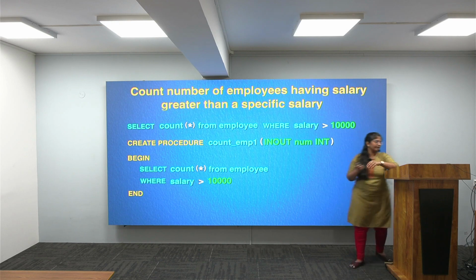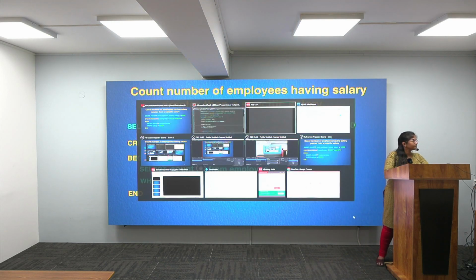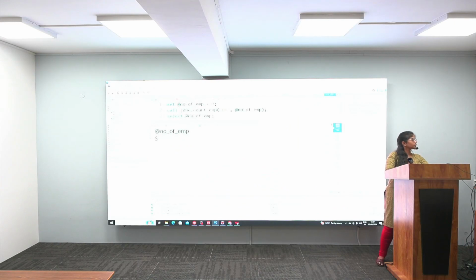Okay. Let me take you back. So I'll create the stored procedure. Create stored procedure, and I'll be naming the stored procedure over here as count EMP1, and I'll write the query. What is the query?